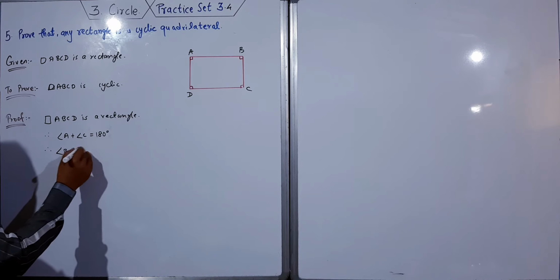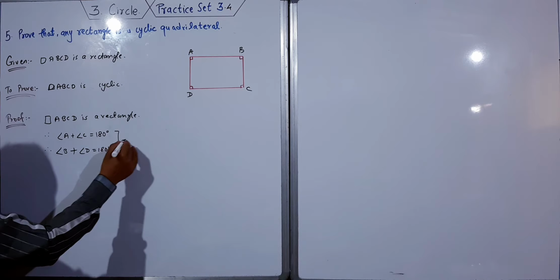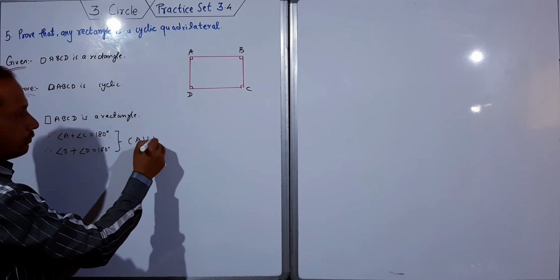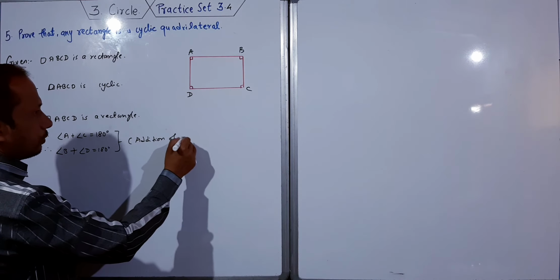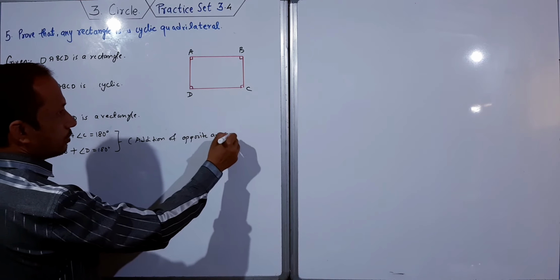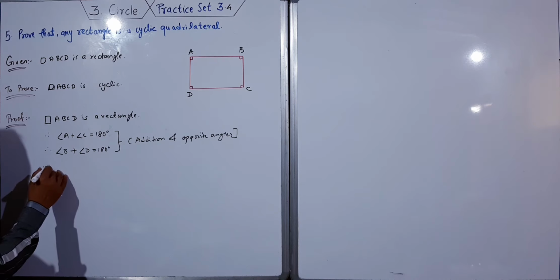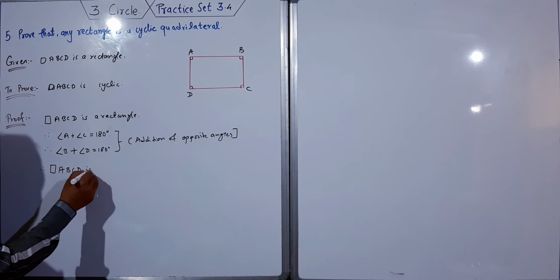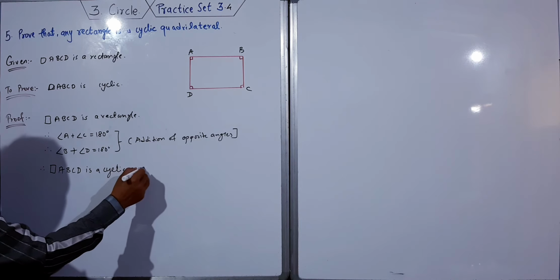Angle B plus angle D is also 180, addition of opposite angles, because each angle is what? 90 degrees. You know this. Therefore quadrilateral ABCD is a cyclic quadrilateral.